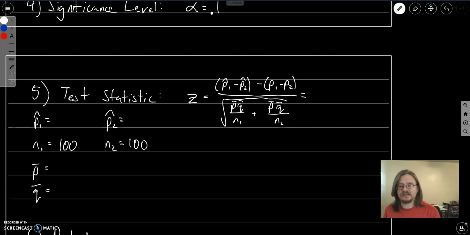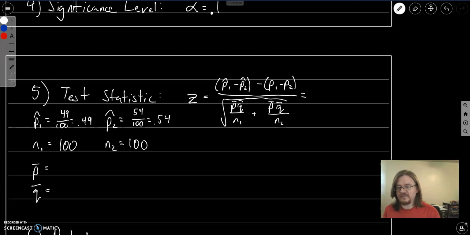P1 hat is just the proportion of heads in our first sample. So that was 49 out of 100, which is going to be 0.49. And P2 hat is going to be the proportion of heads in the second sample. So we flipped heads 54 times in that second sample out of 100. So that's going to be 0.54.